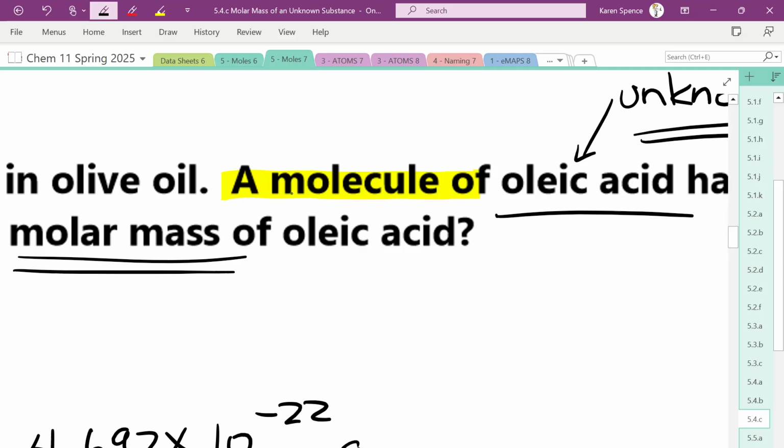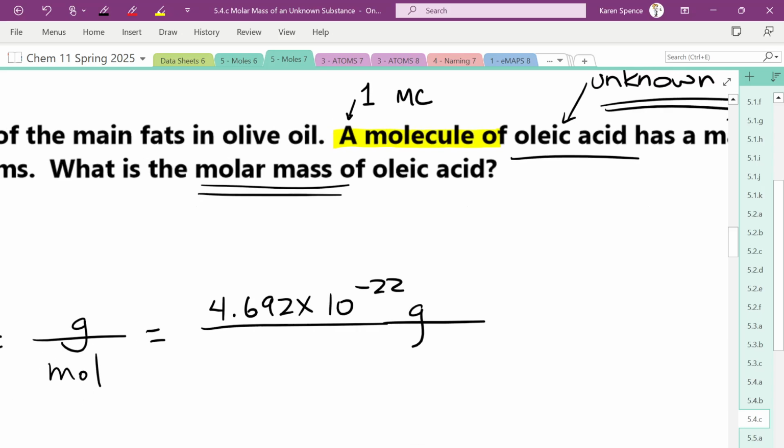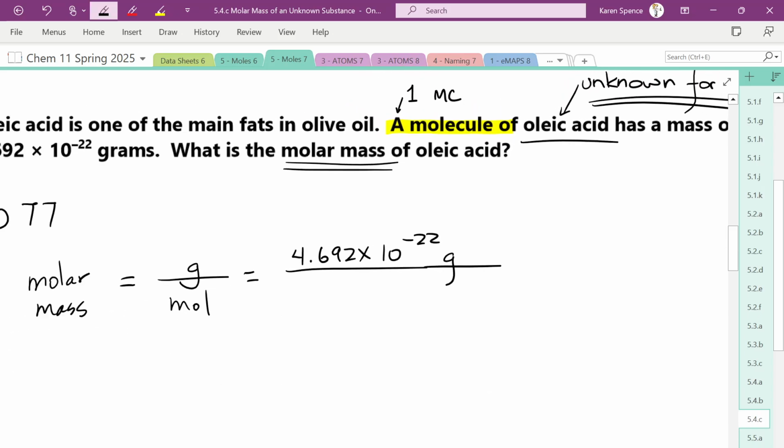A. One molecule. So you do have to be able to read the question and interpret it. A molecule. There you go. If I said a pair of molecules, you would have two molecules, but I probably won't do that, okay? But if you say a molecule, that means we have one molecule. So I have one molecule, but I don't want molecules.